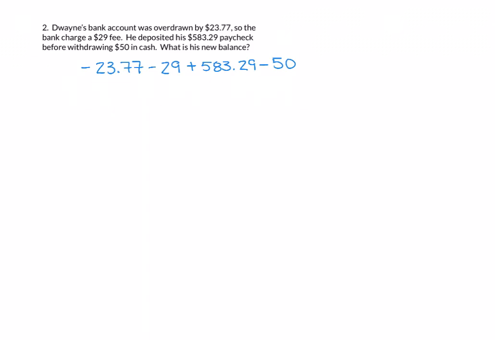So the first thing that I'm going to do on this problem, there's lots of ways to do this, but I'm going to combine all of my negative numbers together. And just like we saw in the last presentation, I'm going to do this disregarding signs. So we get 50. Since all of these are negative, I'm going to add them.